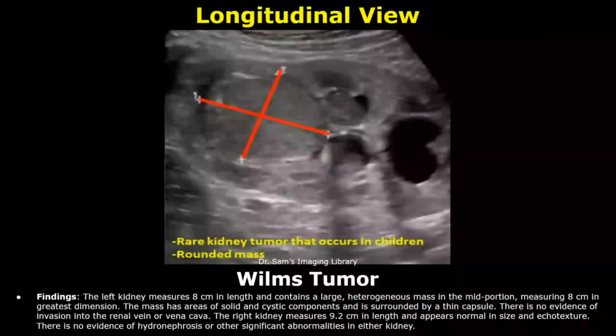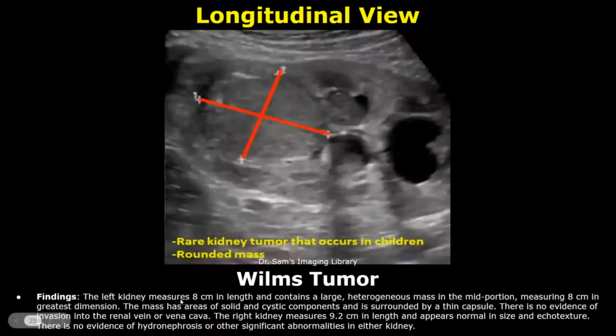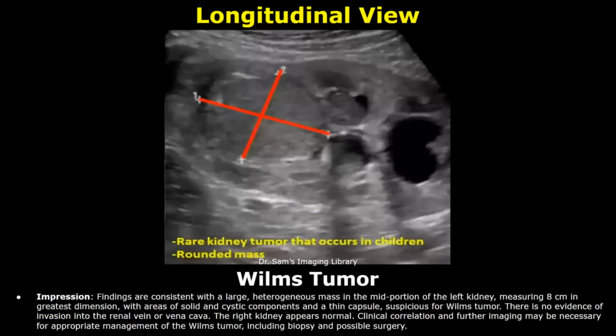This is a case of Wilms tumor. Its usual findings are a large heterogeneous mass with solid and cystic components and is surrounded by a thin capsule. Here is the impression.